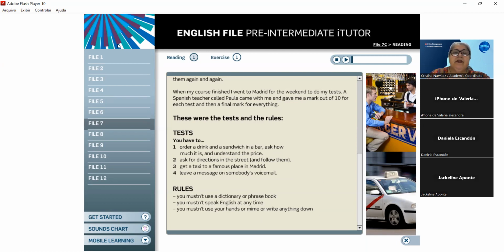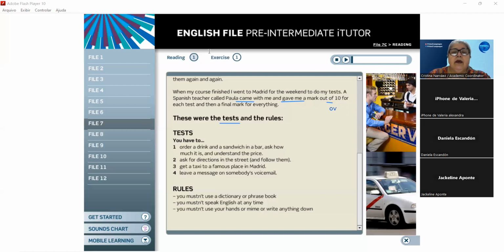Okay, some observations here. So it's tests, because it ends with S, tests and rules. Okay, and here, aquí came. Es el pasado de come, came. So Paula came with me and gave me a mark out of 10. Aquí sería la pronunciación of, not of, out of 10.